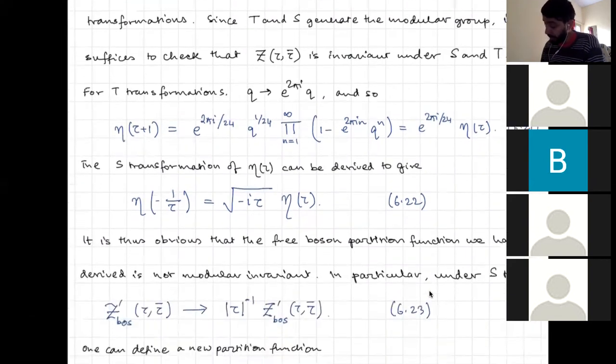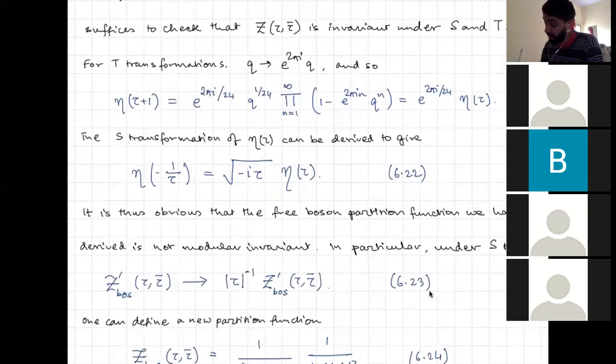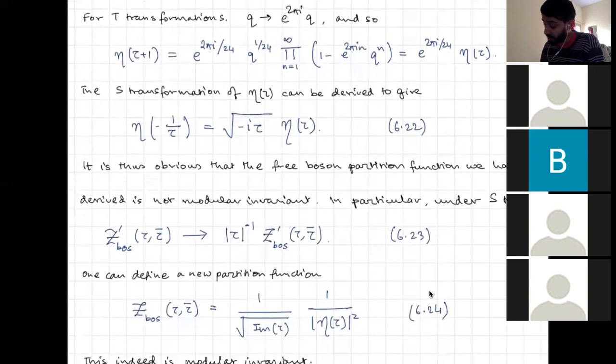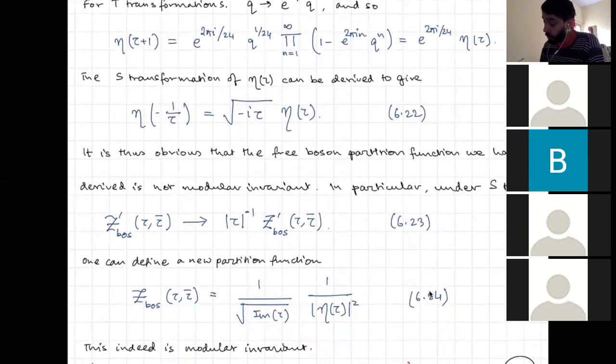In particular, under the S transformation there is a tau inverse which sits in front of Z. So in order to define something modular invariant, on top of one over mod eta squared, we have to put in a proportionality factor, which is one over imaginary tau.